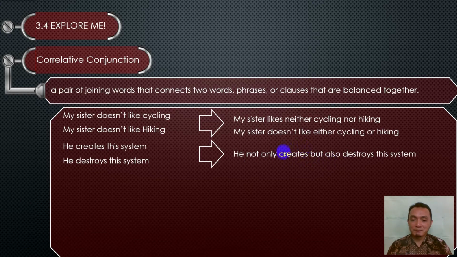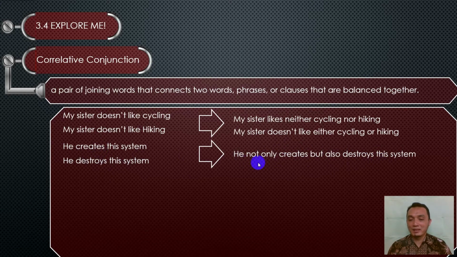So, between not only and but also, it is filled by a verb. The first sentence uses creates, the second sentence uses destroys, and the combination becomes: he not only creates but also destroys, and the word the is still available.